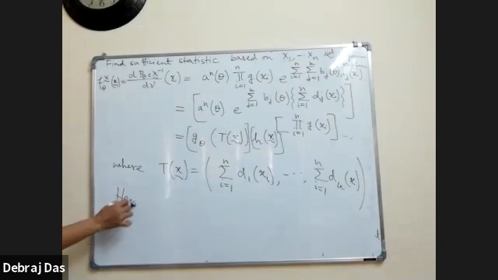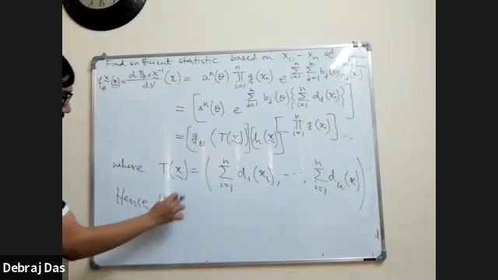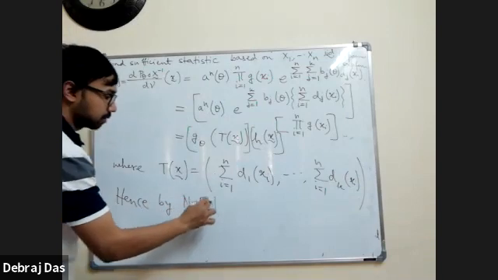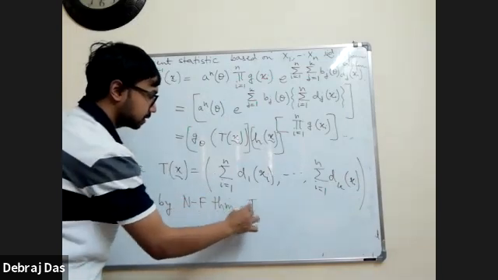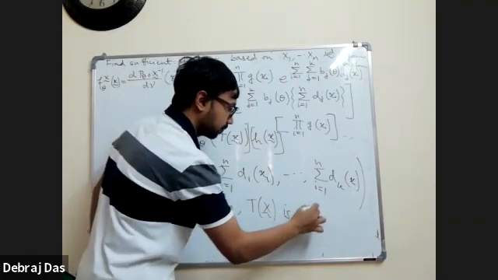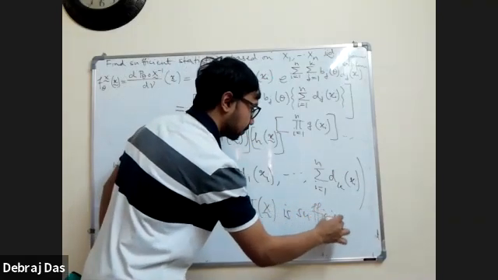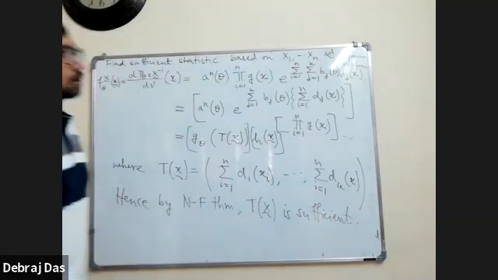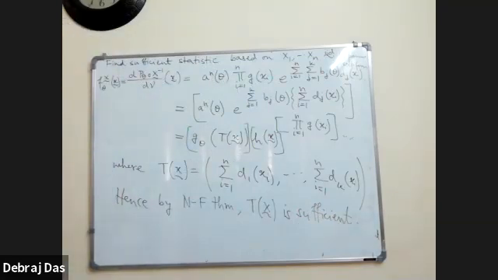Hence, by the Neyman-Fisher theorem, this T of x is sufficient. Right?